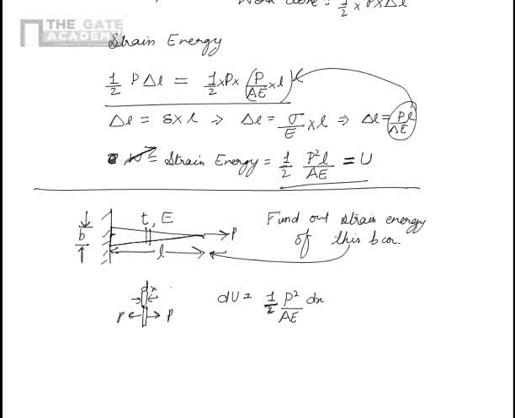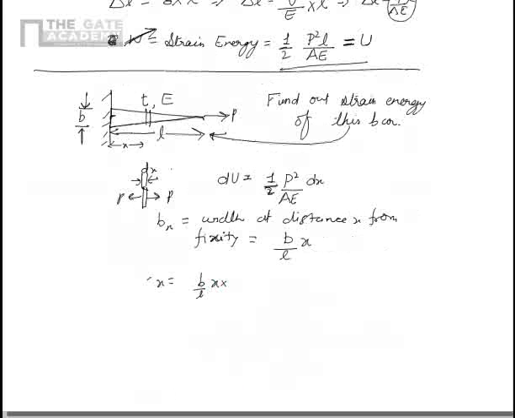So obviously at a distance of x, Bx, the width at distance x from fixity, is nothing but B upon L into x. So the area of cross section at x is equal to B upon L x into T. T is the thickness, which is a constant.